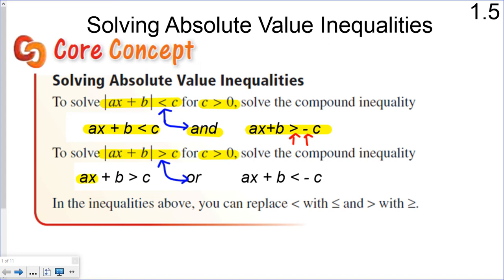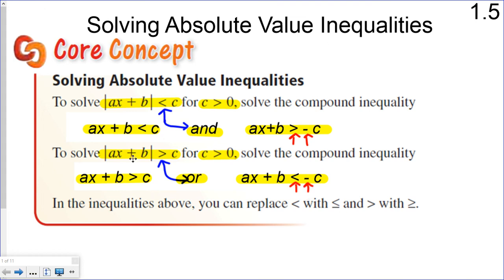So ax plus b is greater than c, or ax plus b is less than negative c. Yet again, we start off with greater than on our first inequality, and on the second one we change it to less than and we put the negative.